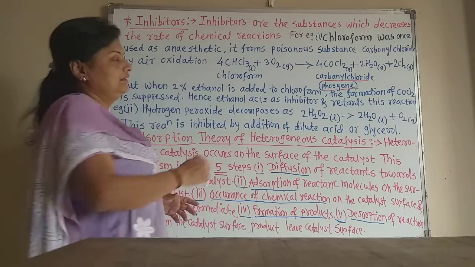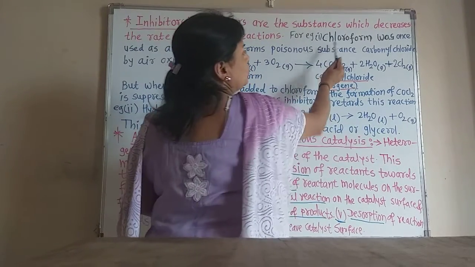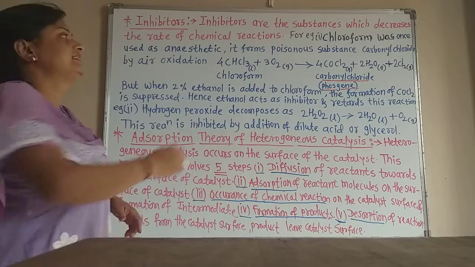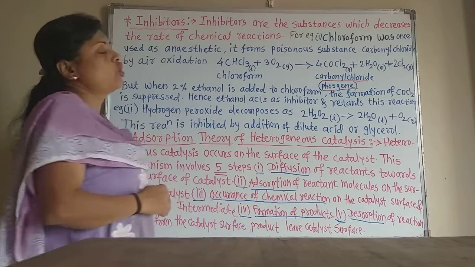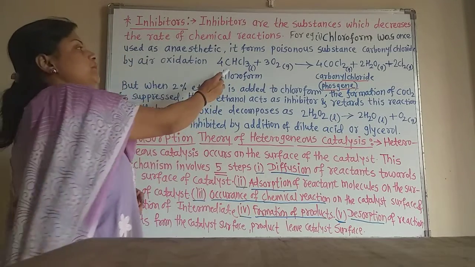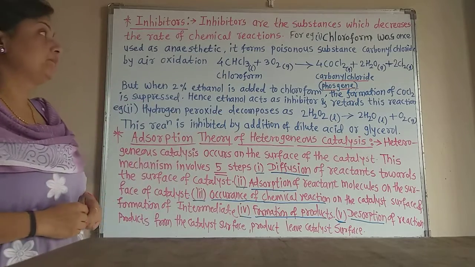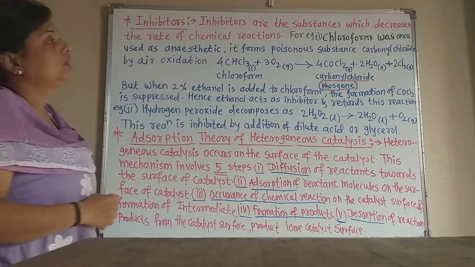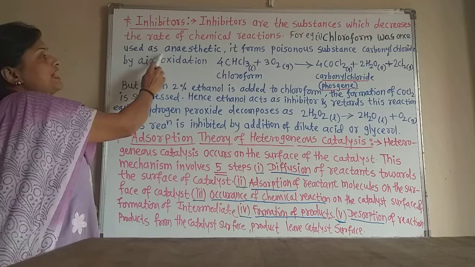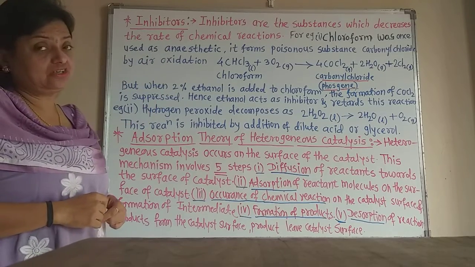Now let us learn, for example, chloroform, CHCl3. This is the formula of chloroform. It is always found in the liquid form. Now this chloroform was once used as an anesthetic.